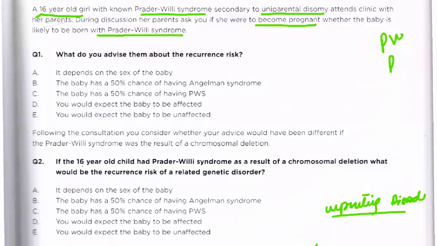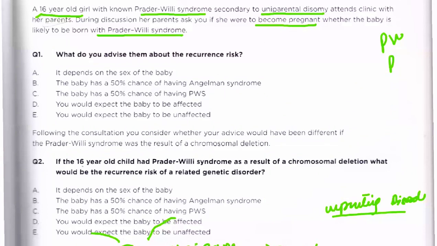One pair of the chromosomes, usually chromosome number 15, is not coming one from the mother, one from the father. I got both of my chromosome 15 from either my father or my mother. Okay, this is uniparental disomy, which is usually considered a part of the imprinting disorder.